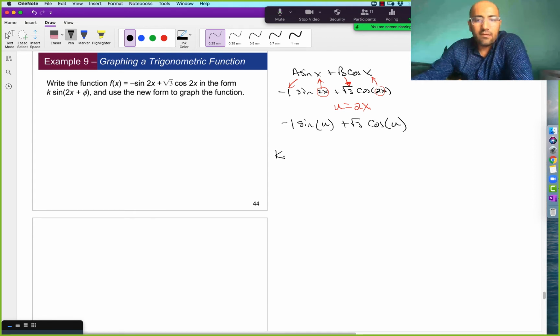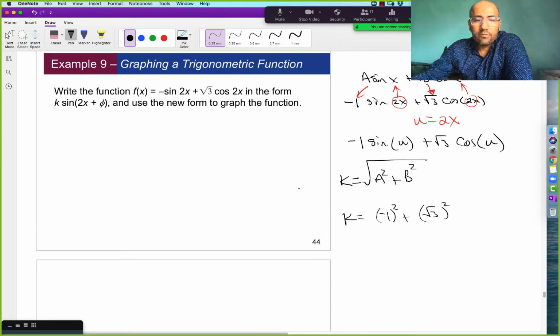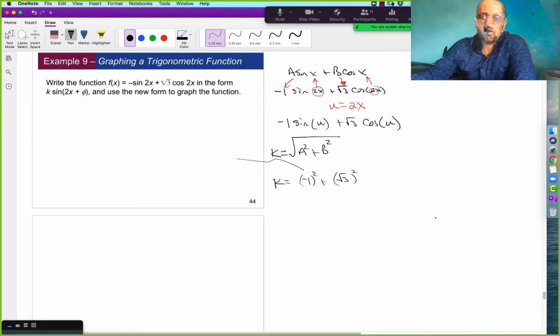is find k. So k equals the square root of a squared plus b squared. So k equals the square root of -1 squared plus root 3 squared.